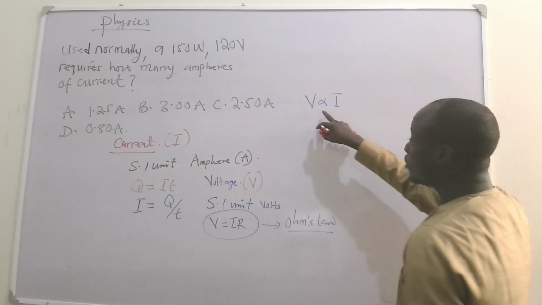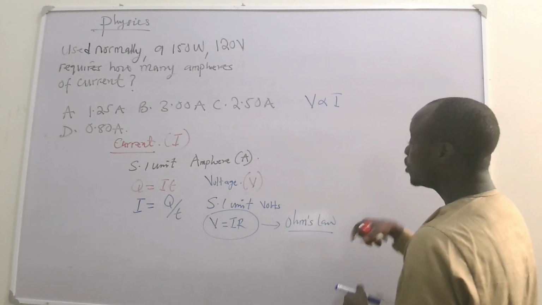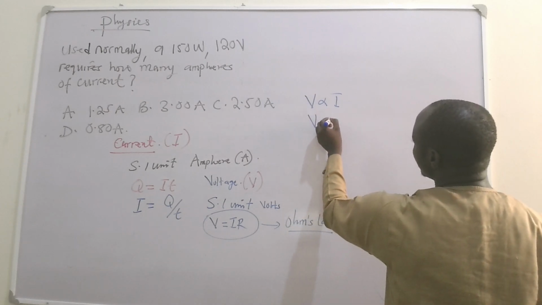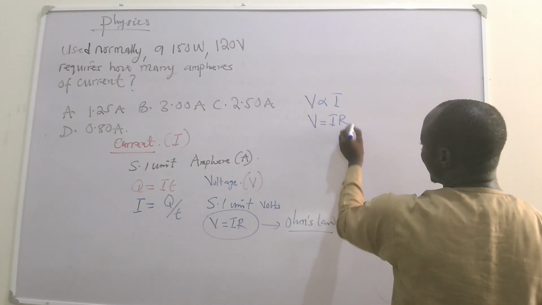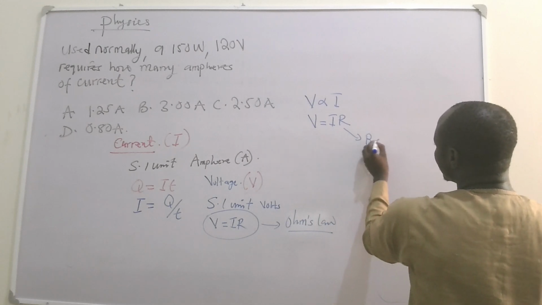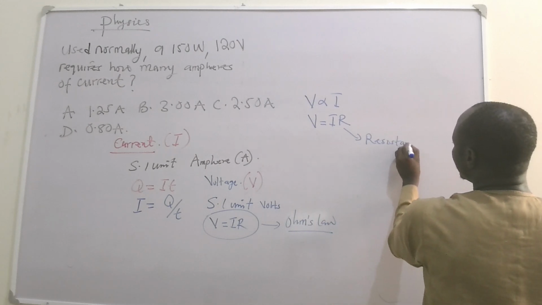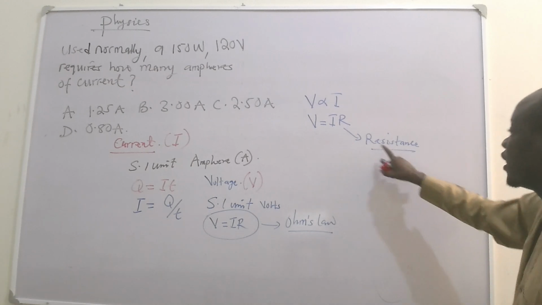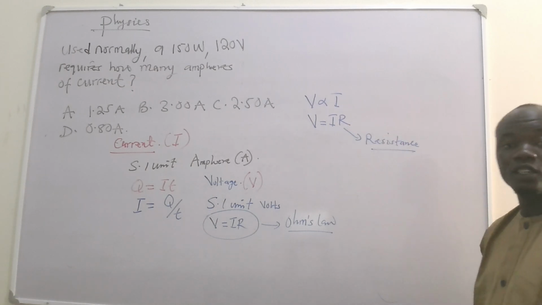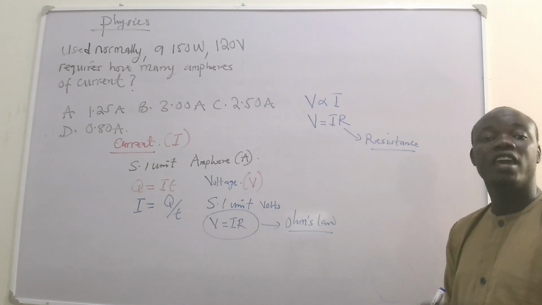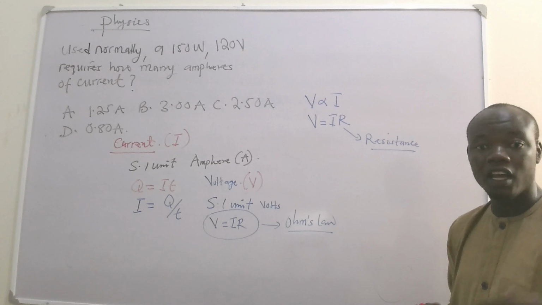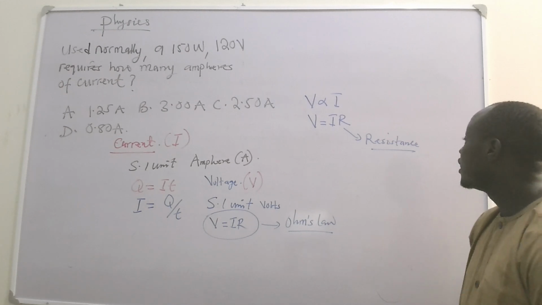And remember, whenever there is a proportionality, we introduce a constant. So we have V is equal to IR, where R stands for resistance. The resistance here is the constant, which is why the resistance of materials varies. What is resistance?